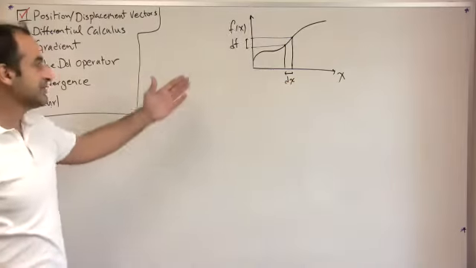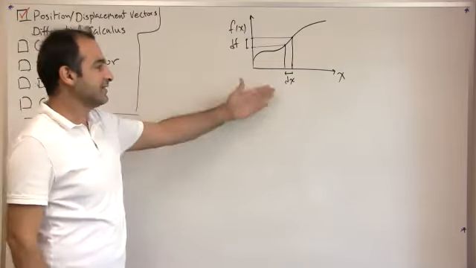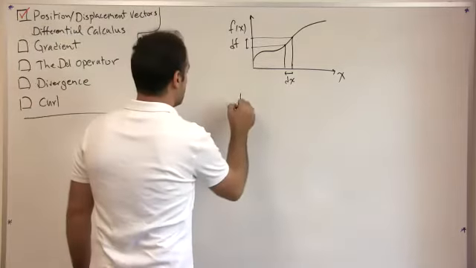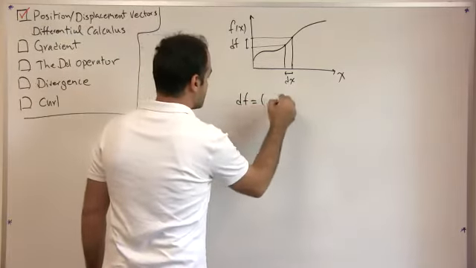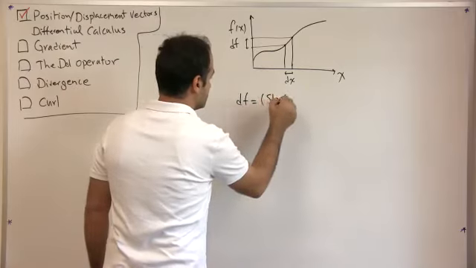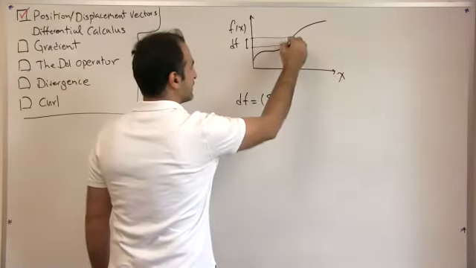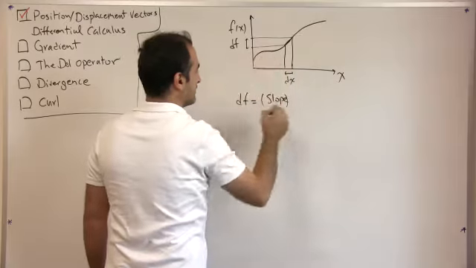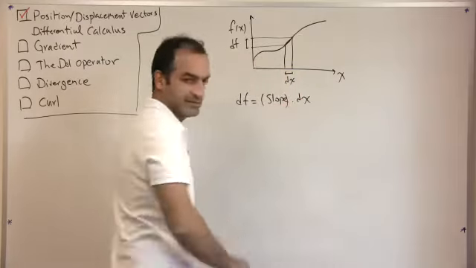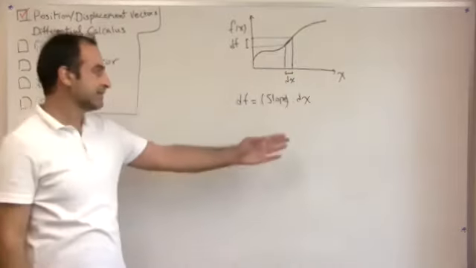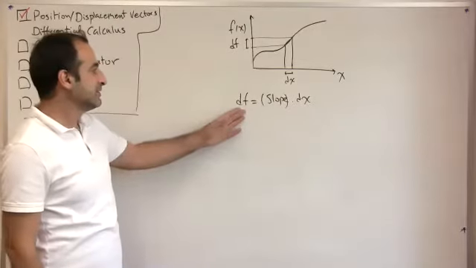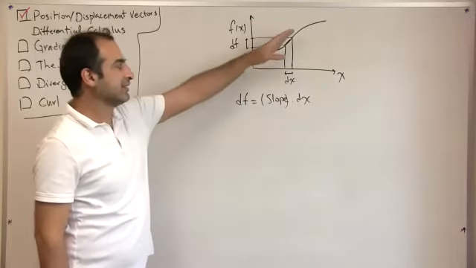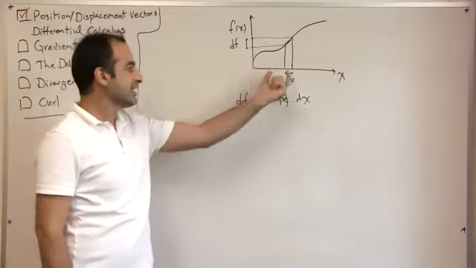So the relationship between df and dx, you know that df should be the slope of the curve at this point, times dx. And that is the trivial relationship in a curve where the change is very small.